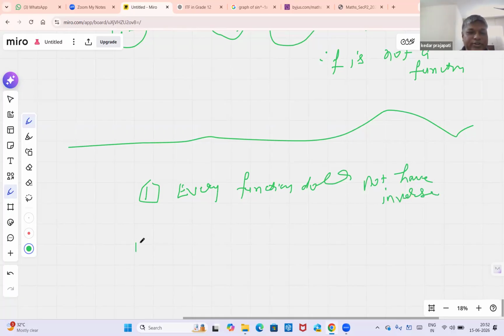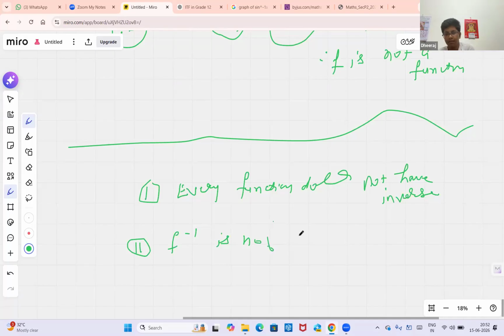And the second point we learned is that f inverse is not 1 by f.